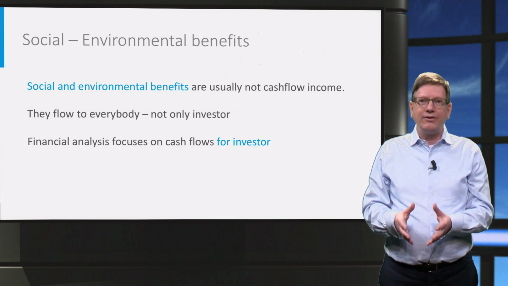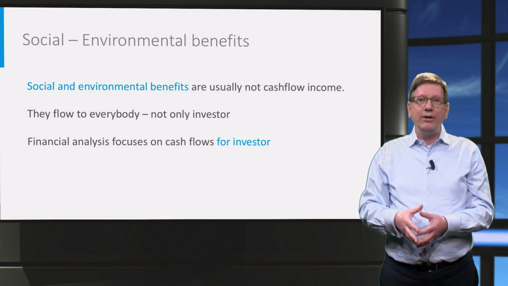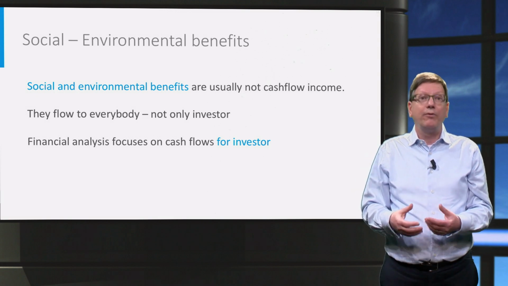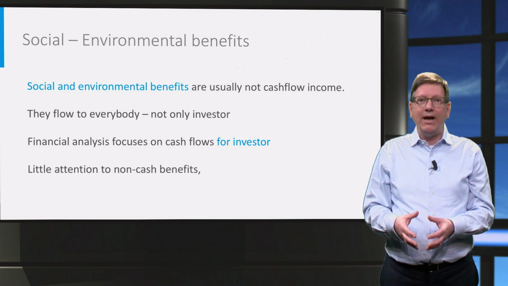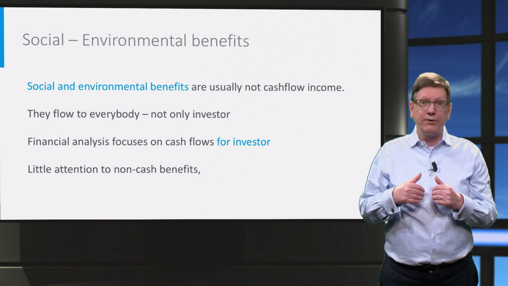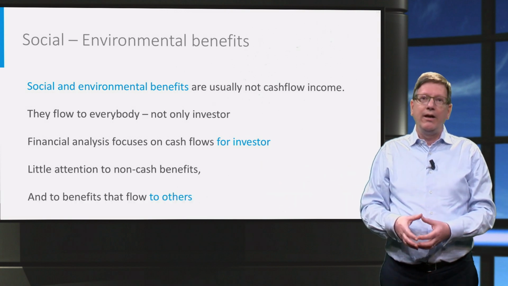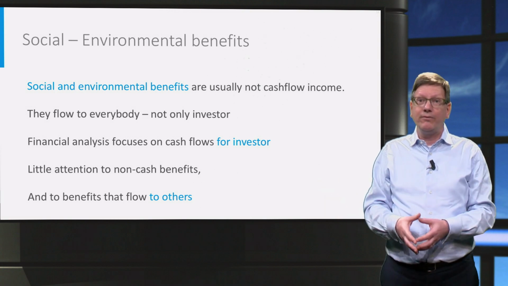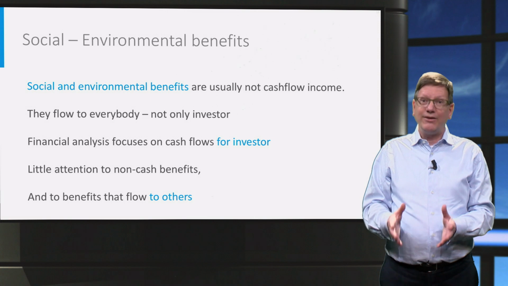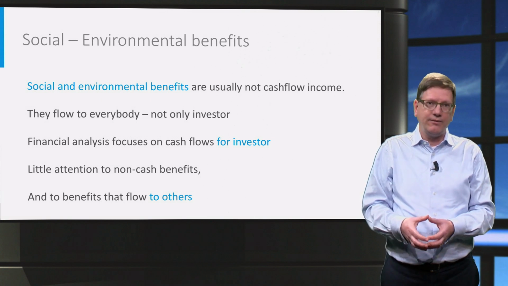The financial analysis system that has been described here provides that these are generally only of secondary importance for a private sector investor. They tend to look primarily at the return they can expect for themselves, not so much at the benefits that flow to everybody. They may think, why would I invest in a road if everybody else can use it for free? That's one reason that we need governments to organise such collective matters for us.